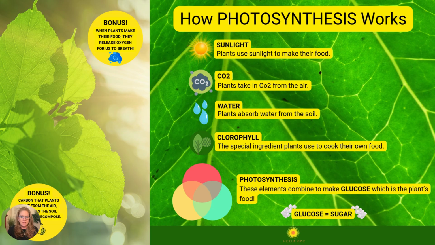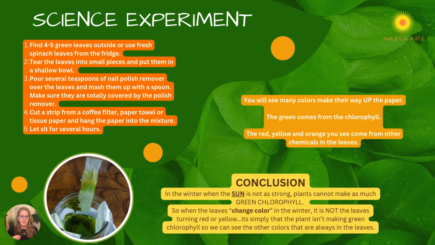So I have a science experiment here for you on this slide, and this is a very, very cool experiment. You can't see the picture too well, but the way this works, and we did this in my house, and the kids thought it was so awesome. What you do is you take a little square of paper towel or coffee filter, and you hang it over the side of a bowl that has some spinach leaves or some leaves from outside in the bottom of it.